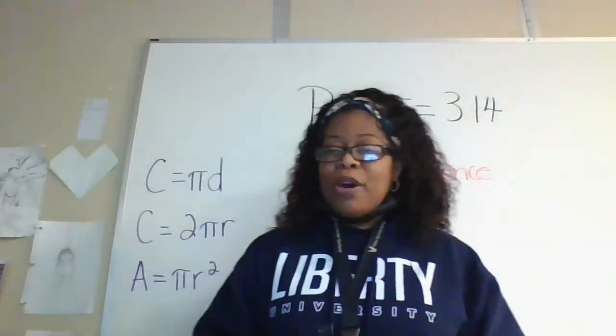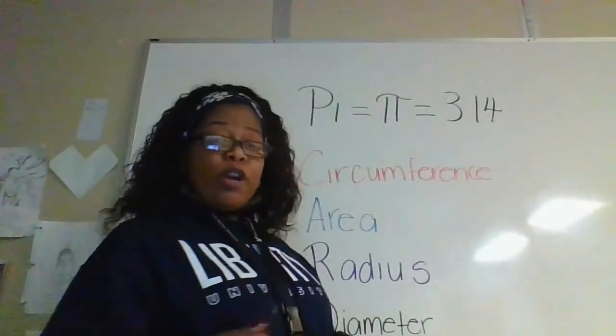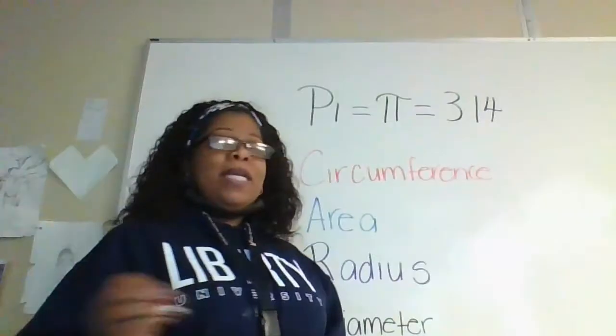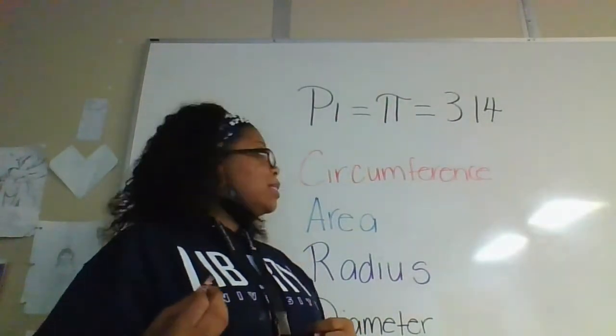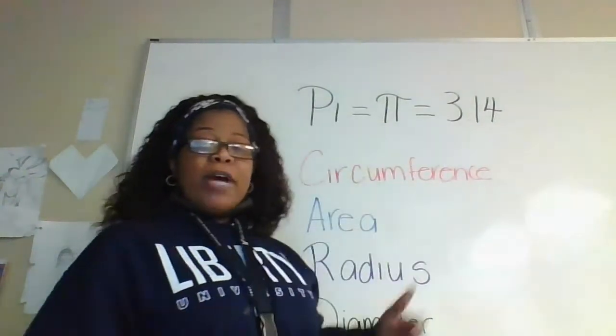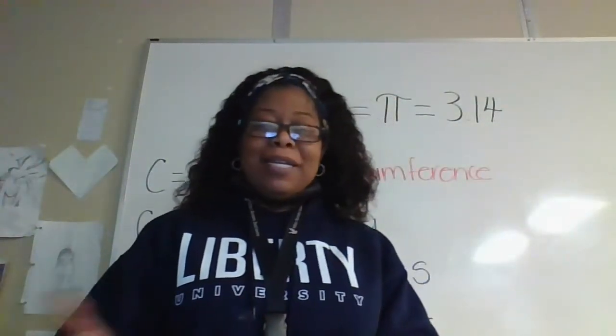And so you all know that pi is in word format, pi, not PIE like the pie we eat, but pi, the mathematical term for it. And pi also has a symbol, and this is the symbol for pi. And then the numerical value of pi is 3.14 or 3 and 14 hundredths.